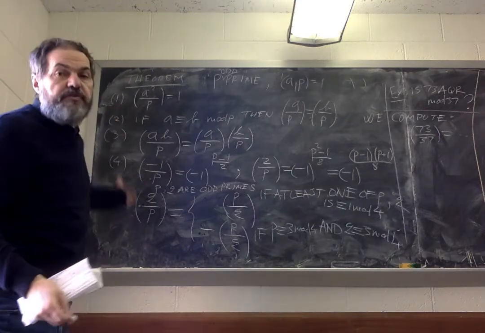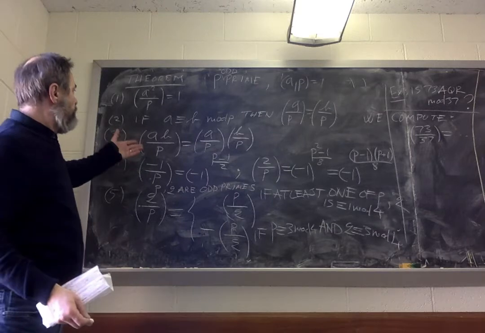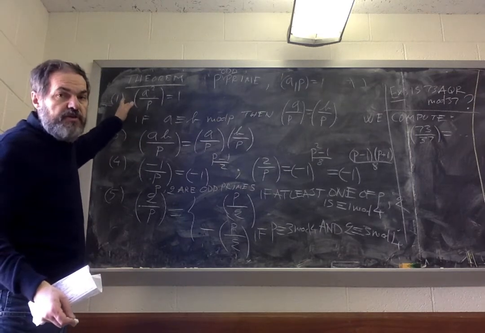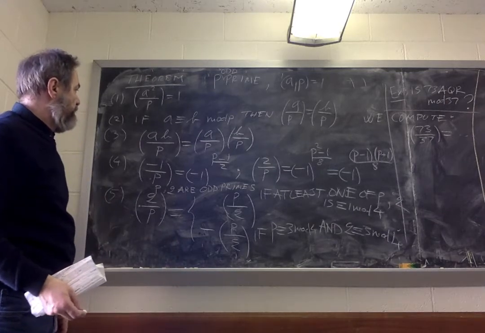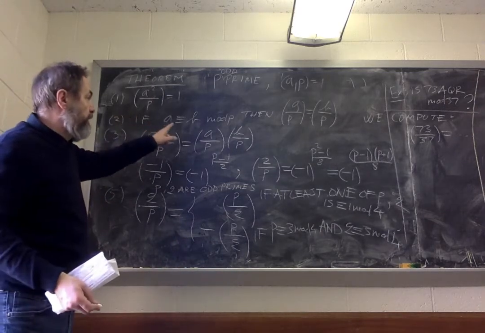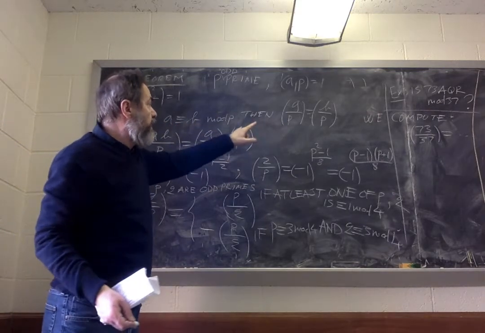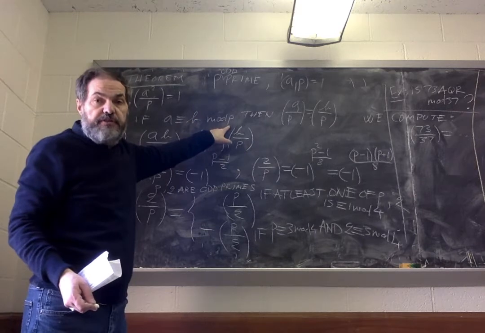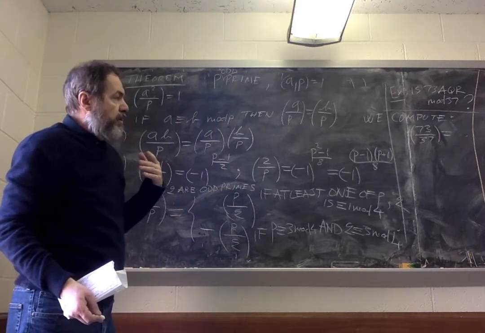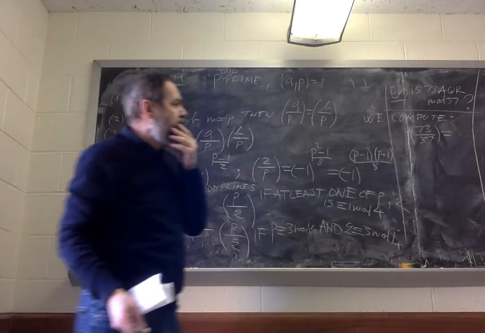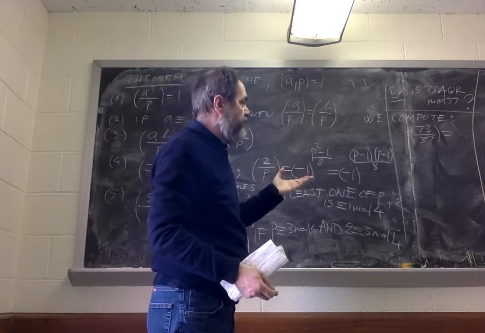I can use any of these properties that I want. I cannot use the first one at this moment because 73 is not a square as an integer. I can use the second one, saying that I can replace 73 by any number that's congruent to 73 mod 37. So I can, for instance, write, what's 73 minus 37?